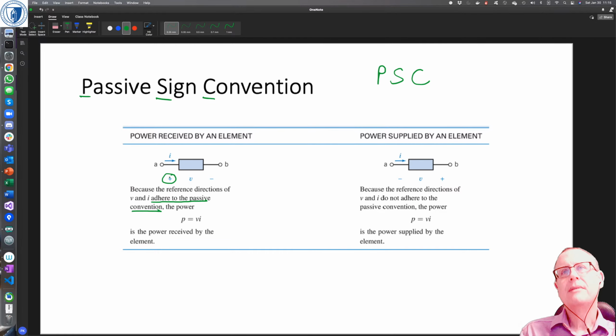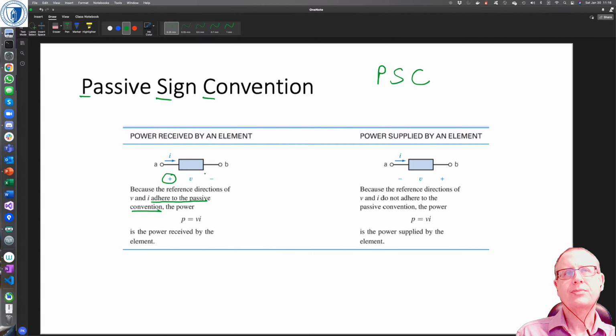And if the device adheres to the passive sign convention, then the power received by the element, or the power dissipated by the element, is P equals VI.